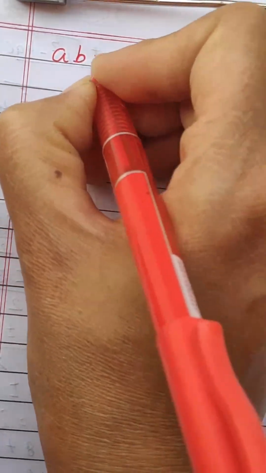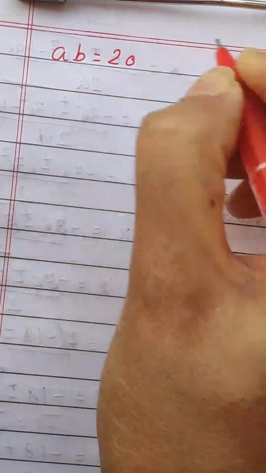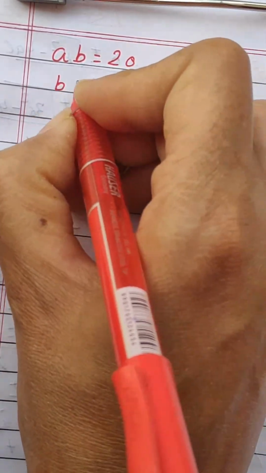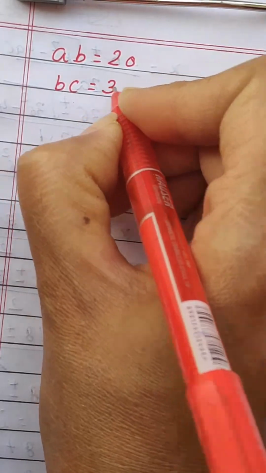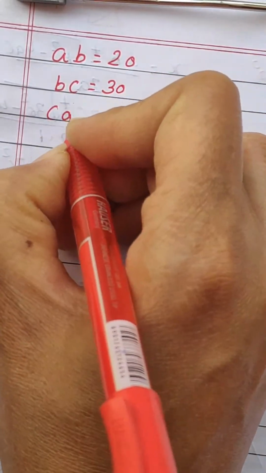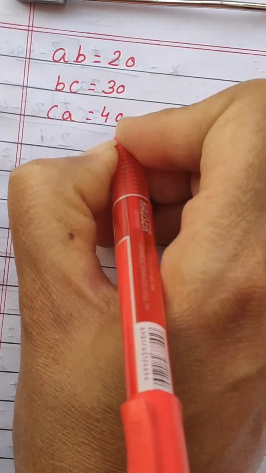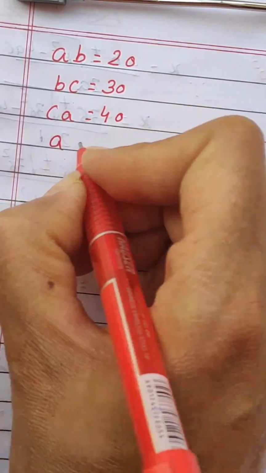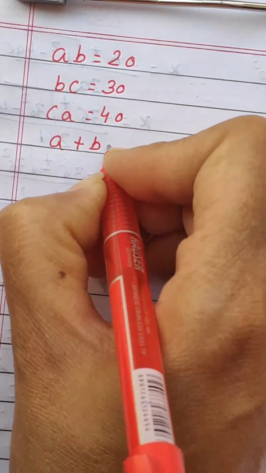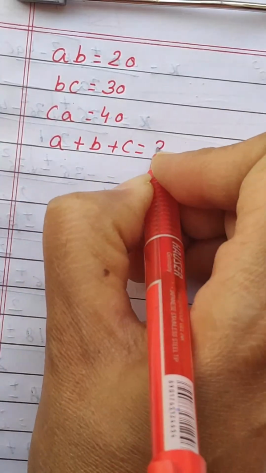So the equation is AB is equal to 20, BC is equal to 30, CA is equal to 40. What will be the answer of A plus B plus C? That is the question.